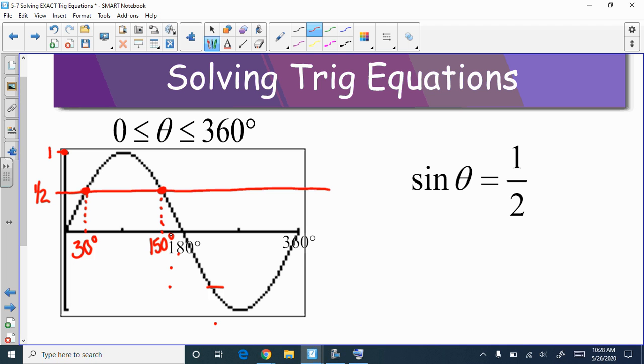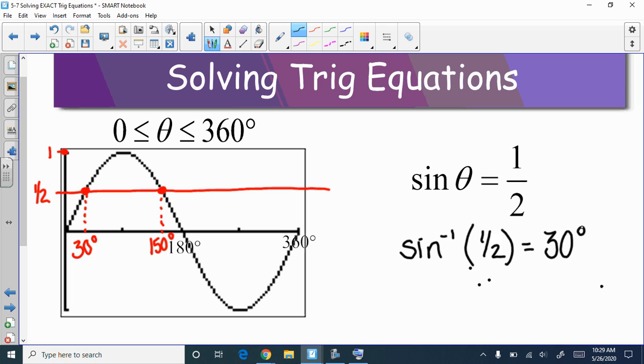Now, with your unit circle, you can see what the two values are. But what if you didn't have your unit circle and you're trying to solve this? We know that using your calculator to find an angle, we can take the inverse sine of 1/2, and if we're in degree mode, it's going to give us 30 degrees. How do we get that 150 degrees on the other side?